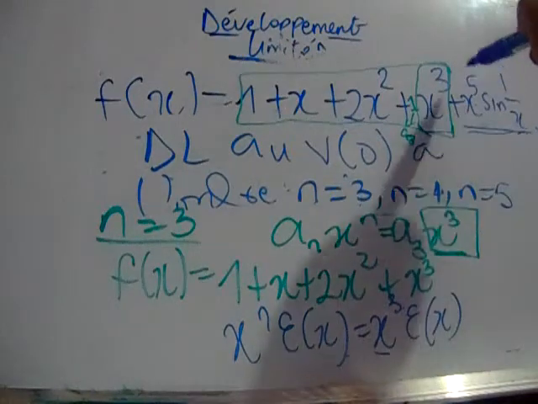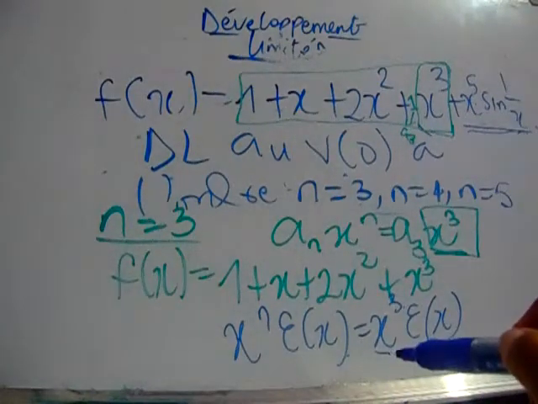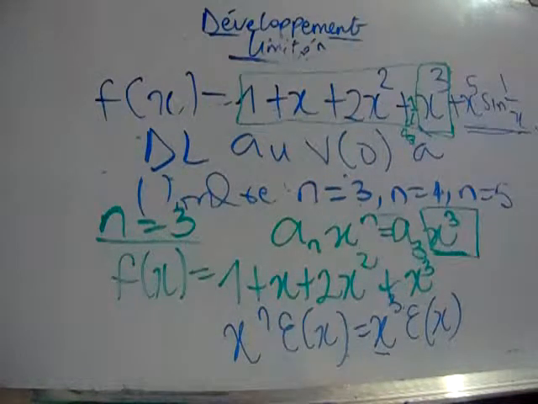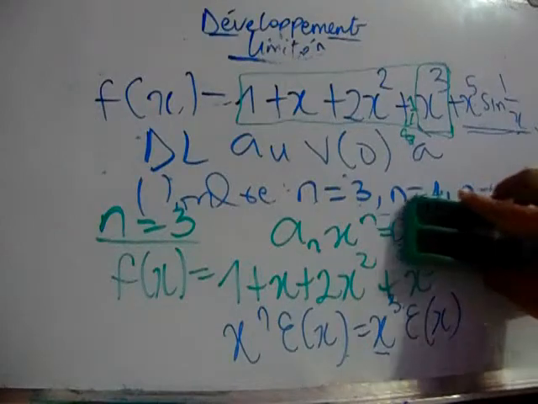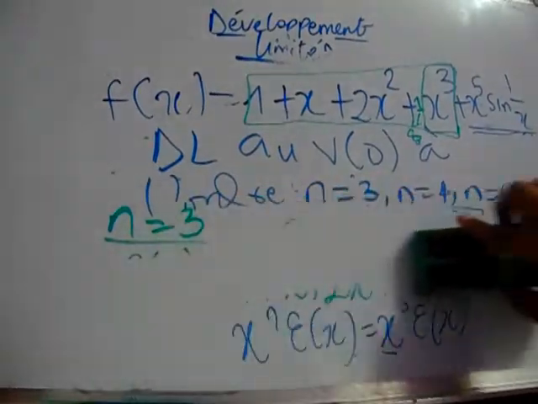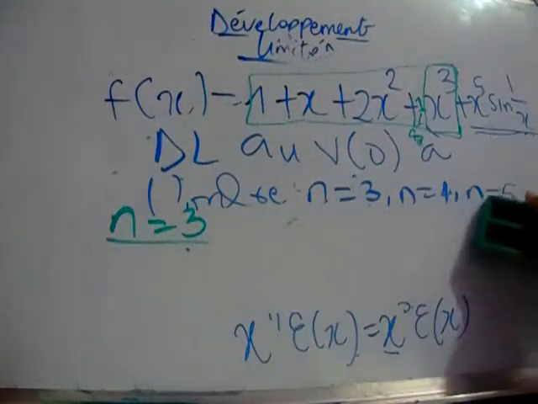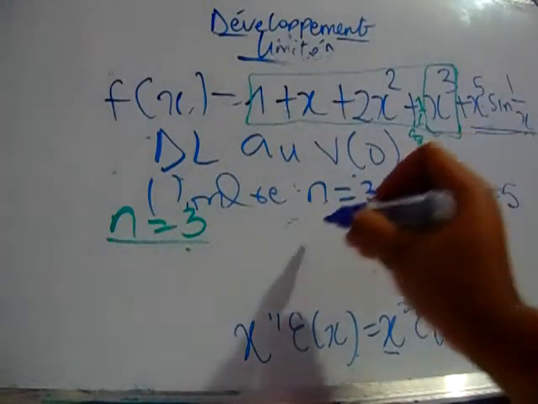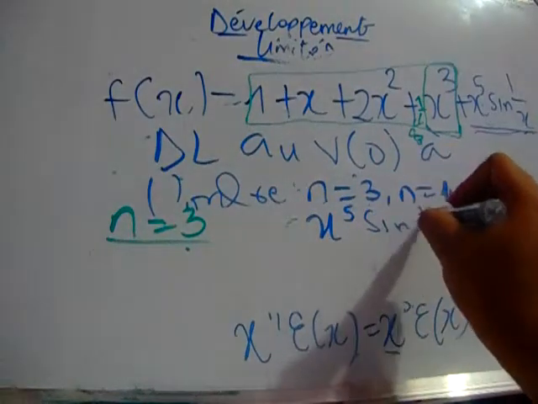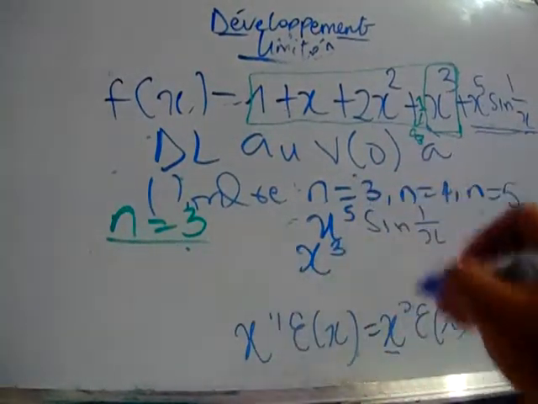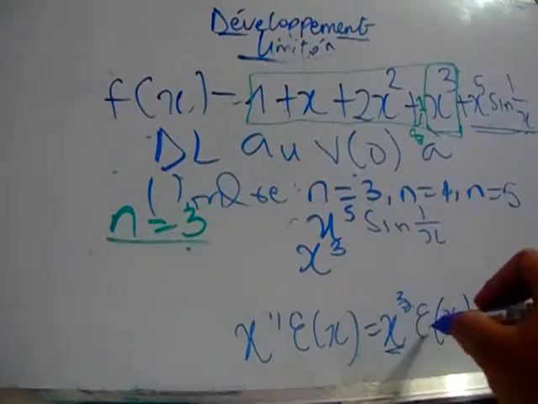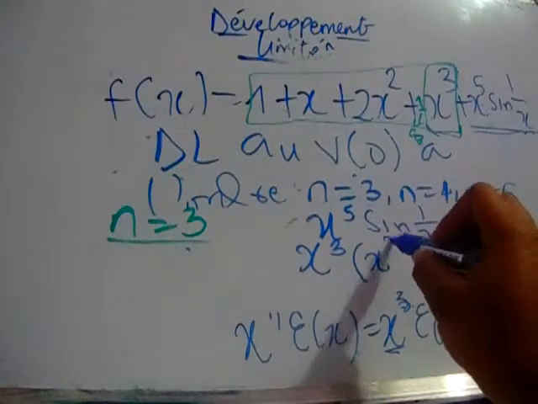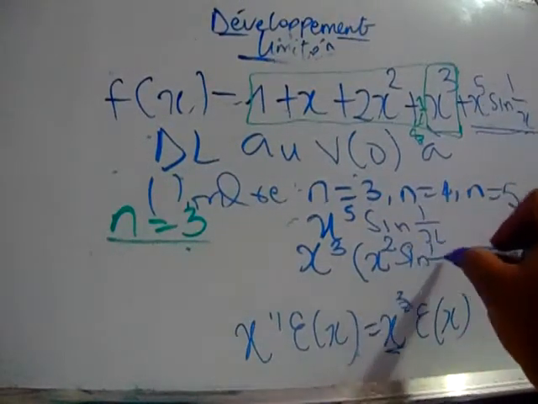So if I factor out x raised to the power of 3 from x raised to the power of 5, we'll be left with x raised to the power of 2. Okay, so we have x raised to the power of 5 sinus 1 over x, and we already have x raised to the power of 3. And so to get epsilon of x, we have to factor out x raised to the power of 3 from this function, and so we'll be left with x raised to the power of 2 sinus 1 over x.